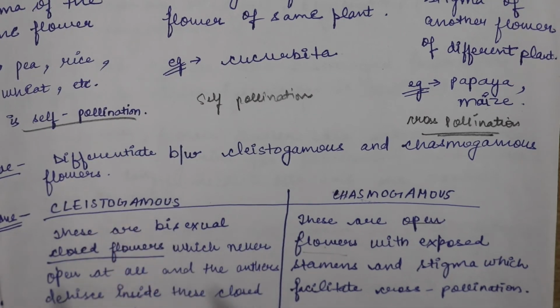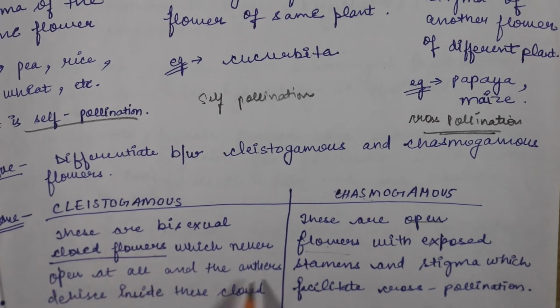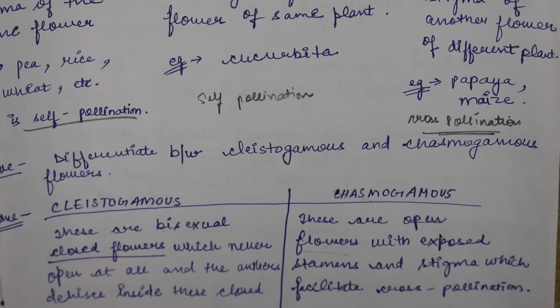So cleistogamous are bisexual closed flowers which never open at all, and the anthers dehisce inside these closed flowers. For example, Commelina.